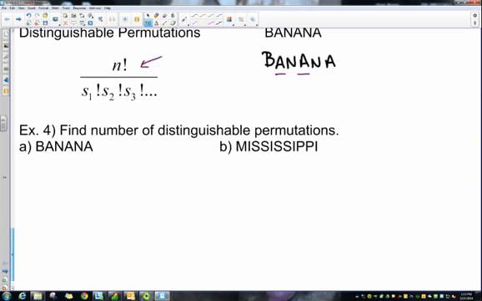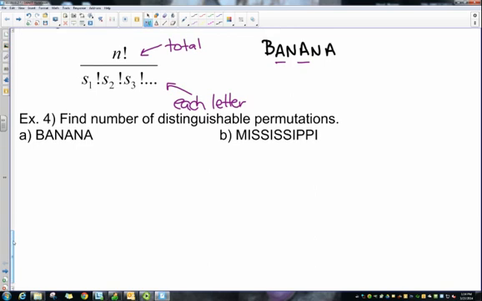So you start with n factorial. This is your total. Okay, down here, this is each letter, how many times it occurs, or each whatever. Okay, these don't have to be words, but in this case it is. Just how many times each thing occurs. So with banana, there are 6 letters, so it would be 6 factorial. Okay, now we go to the denominator.